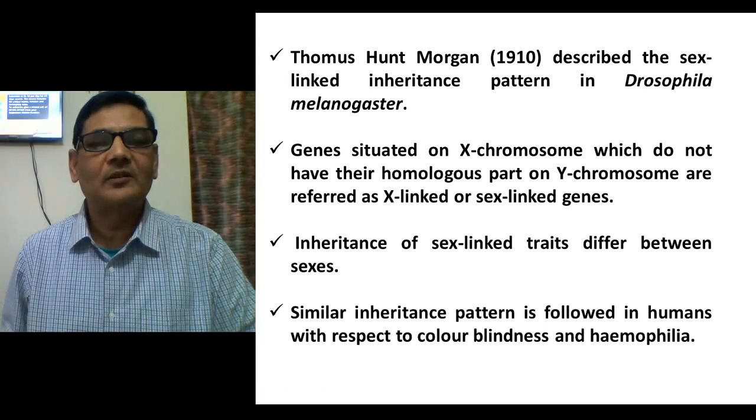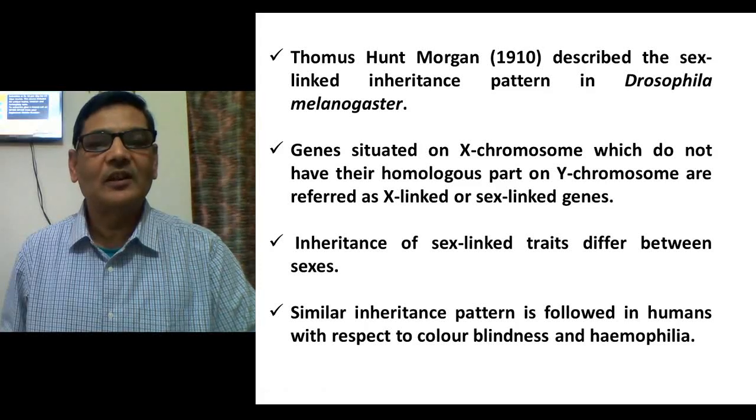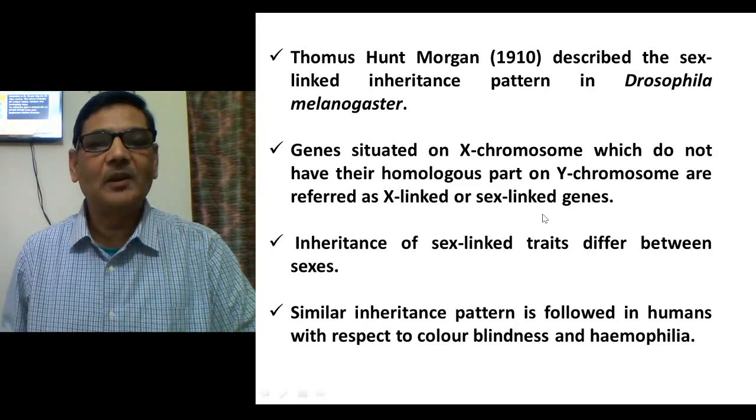we find that whether reciprocal crosses are made does not affect the inheritance pattern. It means whether the gene is coming from the male individual or female individual makes no difference, because they are situated on autosomes.